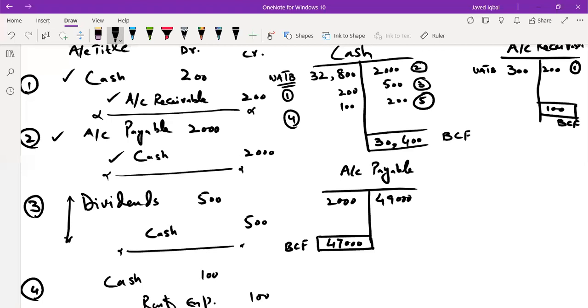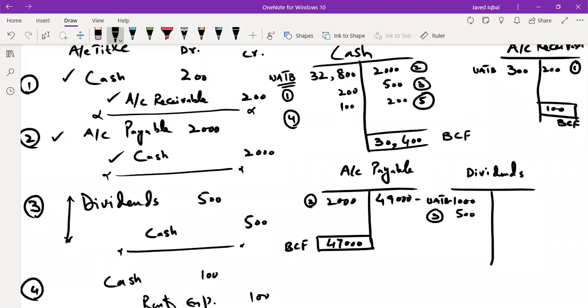The next is you need to increase your dividends by 500. So dividends start with 1,000, and this was from transaction number 2.